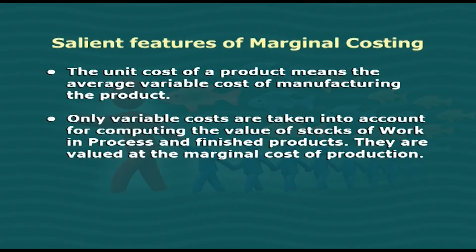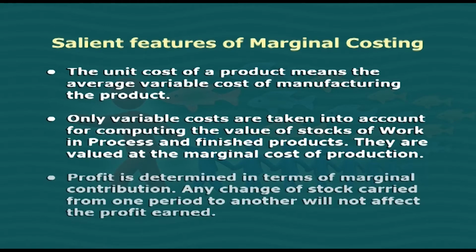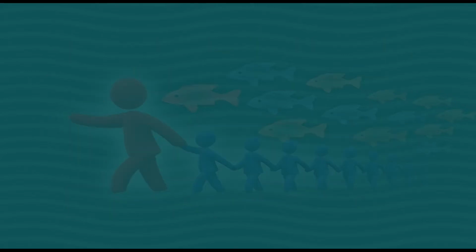They are valued at marginal cost of production. Also, profit is determined in terms of marginal contribution. Any change of stock carried from one period to another will not affect the profit earned.